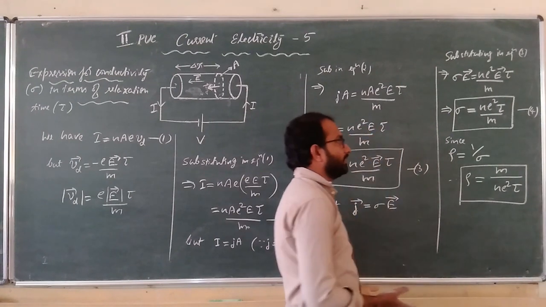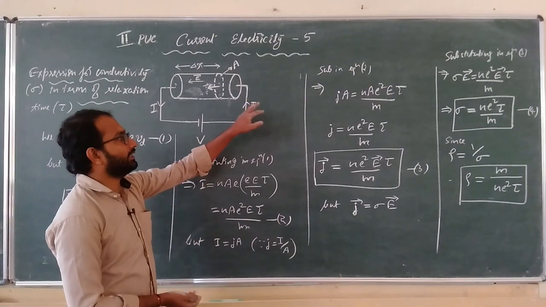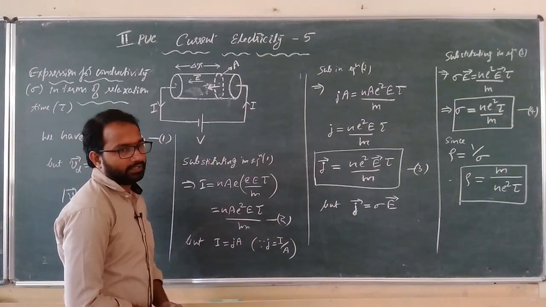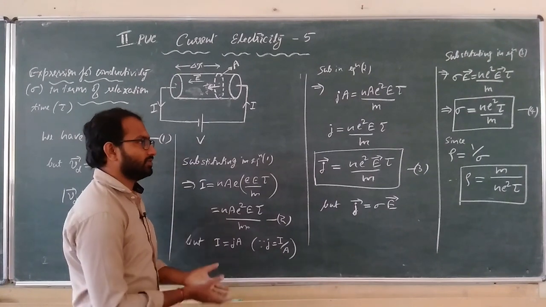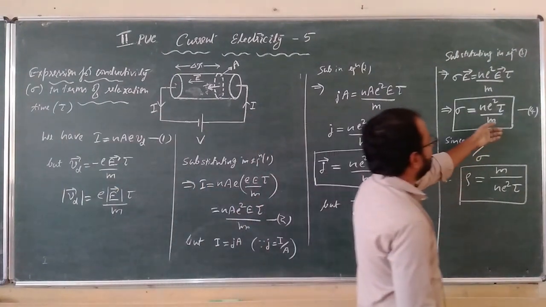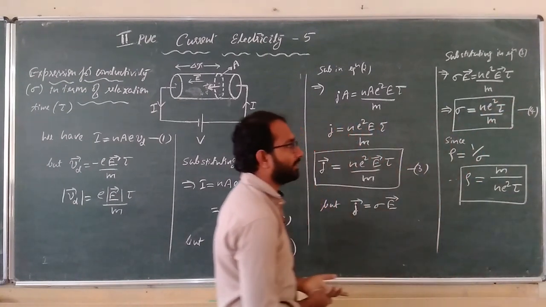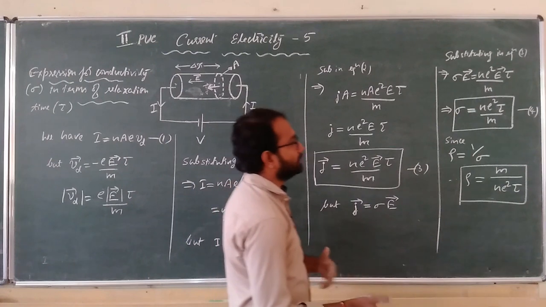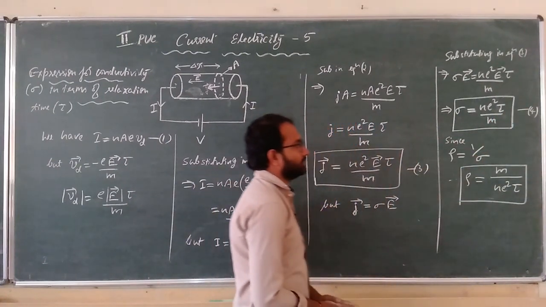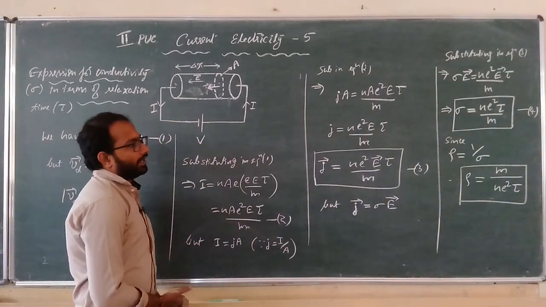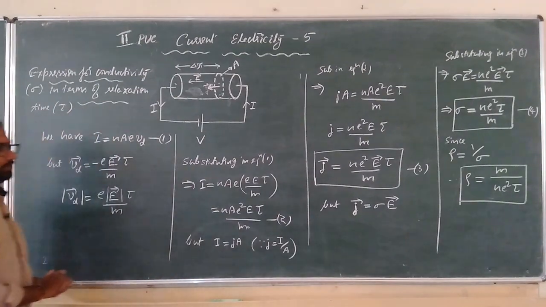They are not dependent on the area of cross section, length of conductor, current applied or potential difference applied. Instead they depend on the material used, and also on the temperature, due to which tau changes, and also the pressure. So that is the expression for sigma in terms of tau.